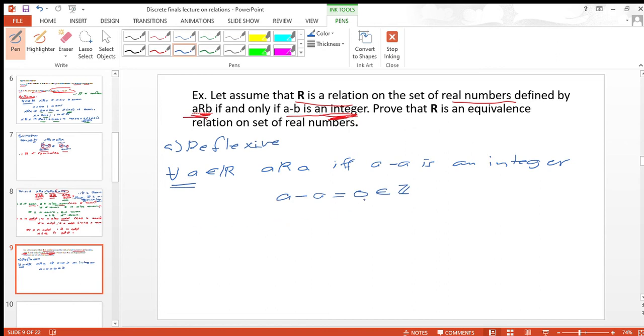So it is satisfied. If you get any real number, take that real number minus itself, the result is 0, which is an integer. Therefore, R is reflexive.